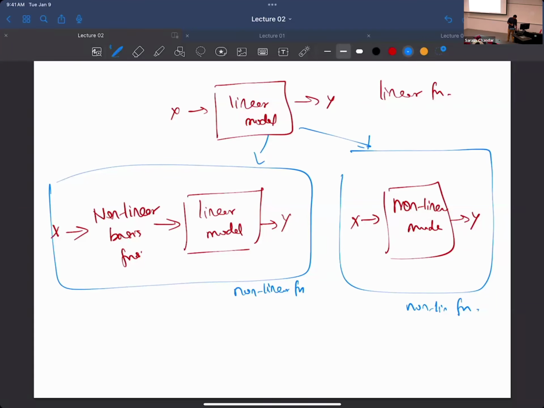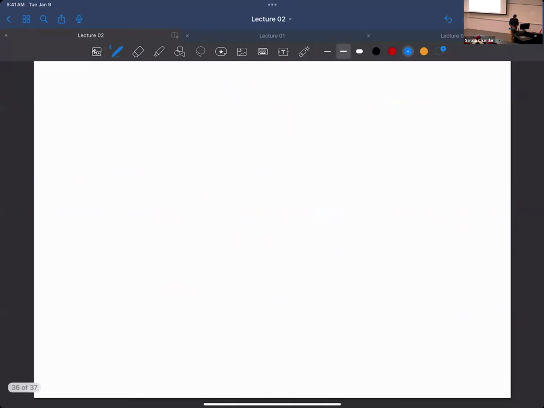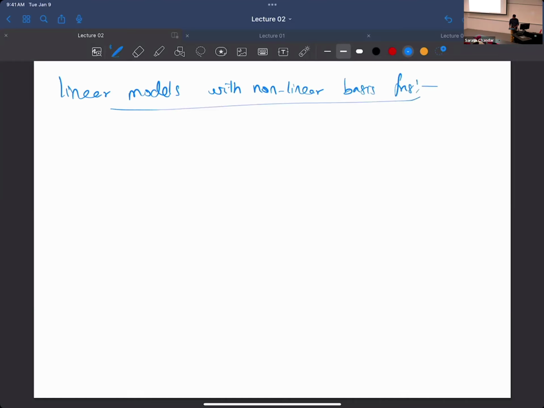Now I can actually generalize this idea. So here is the general class of linear models with nonlinear basis functions. y hat of x given w is given by w0 plus w1 phi1 of x. I don't always need to do x square, x cube. I can do any nonlinear function that I want.